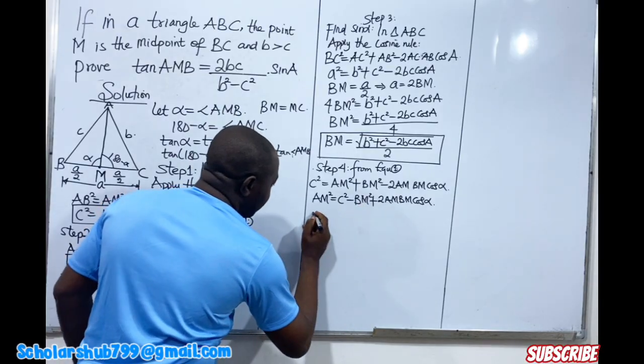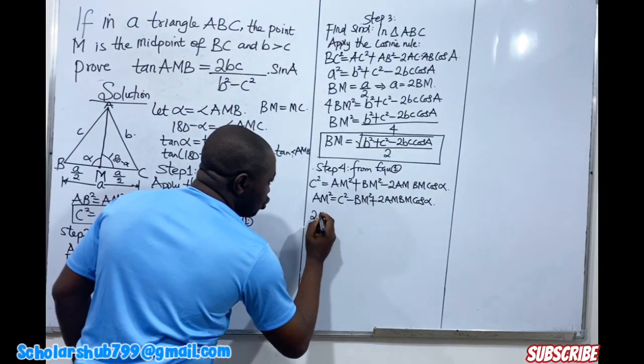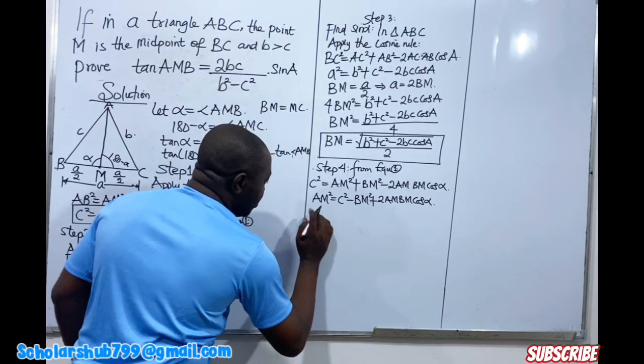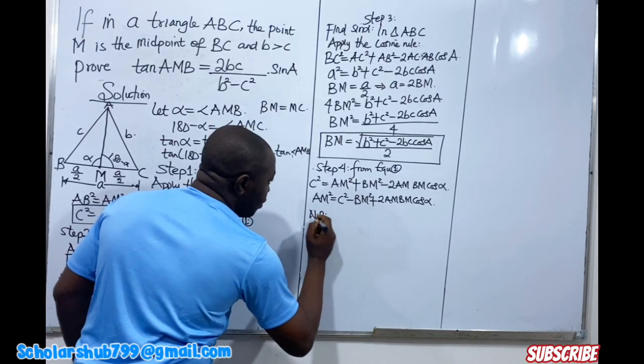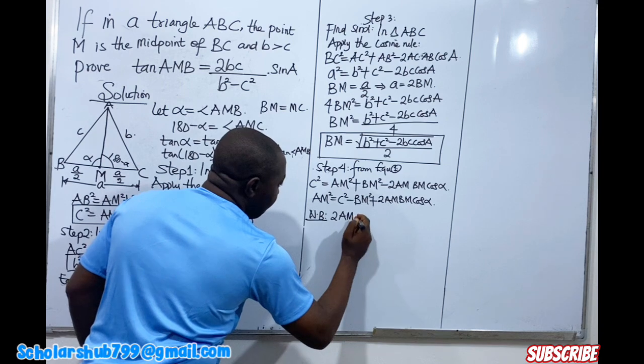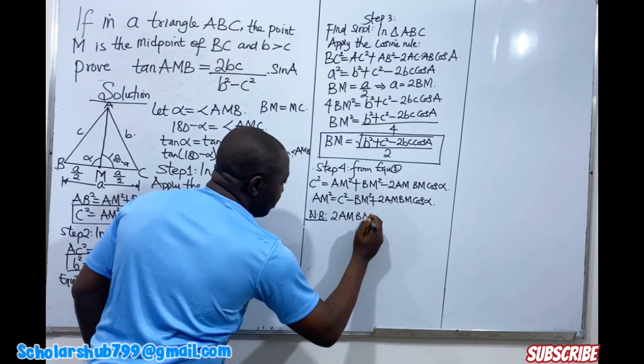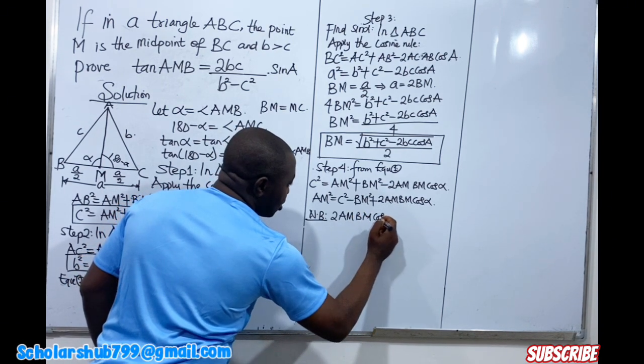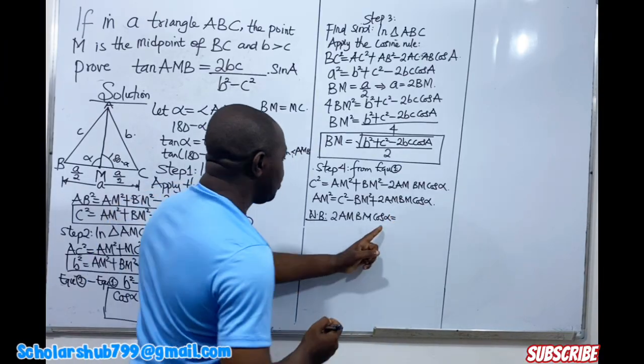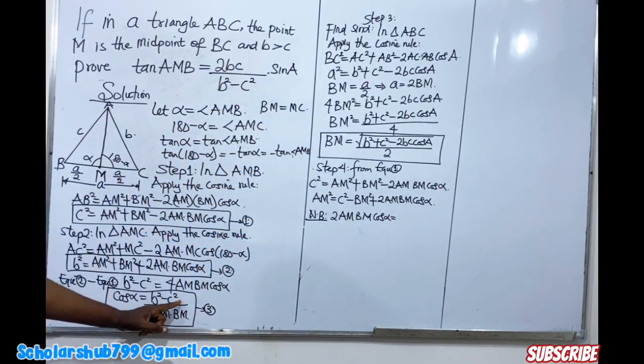Let me do it this way. Note 2 AM BM cos alpha. We know that cos alpha is b squared minus c squared divided by 4 AM BM.